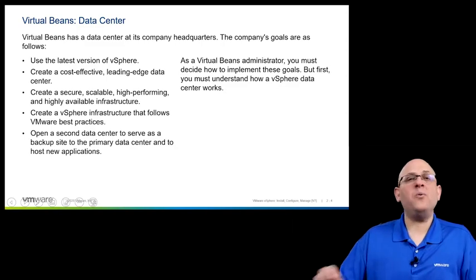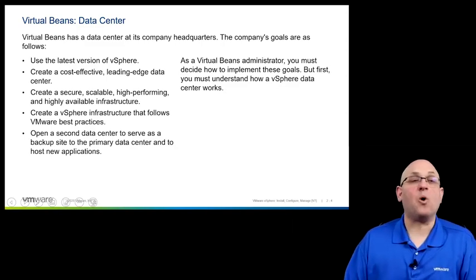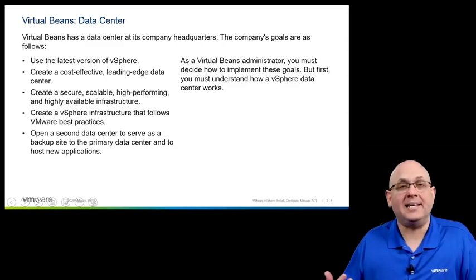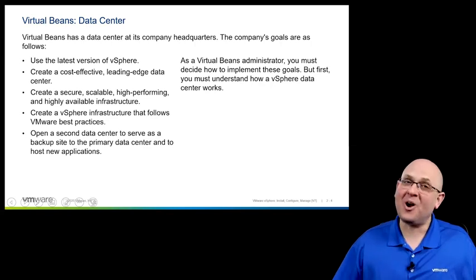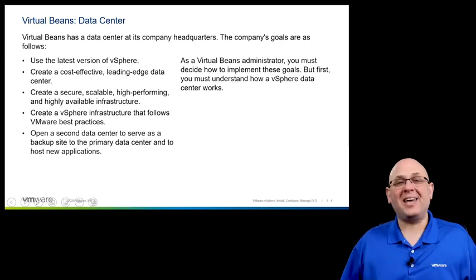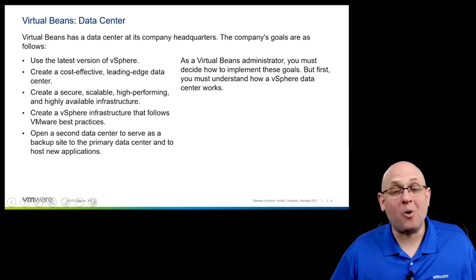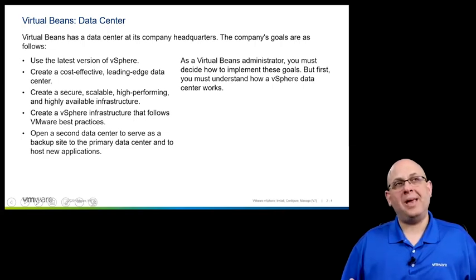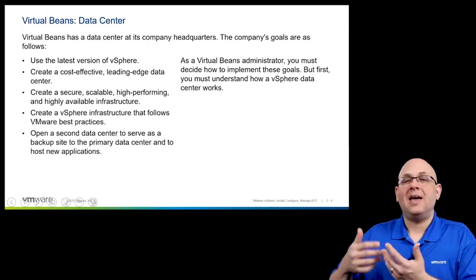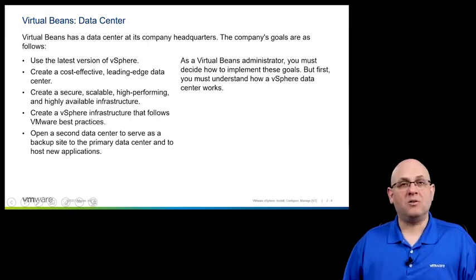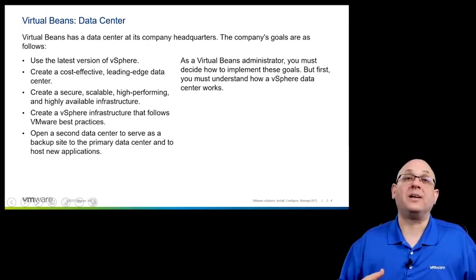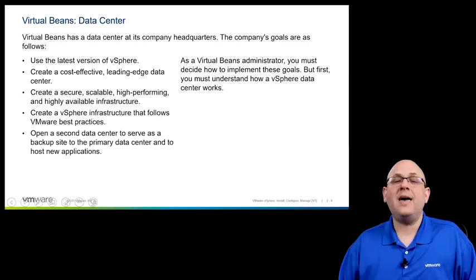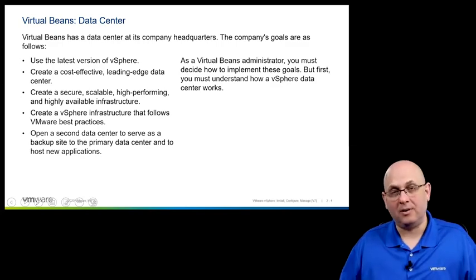Now, if we were to go back and look at our organization that we as an IT team are supporting, in our case, virtual beings, in your case, the organization that you are working to support, of course. We want to be able to install and build our vSphere infrastructure so that we can support the business and the applications that the business relies upon.